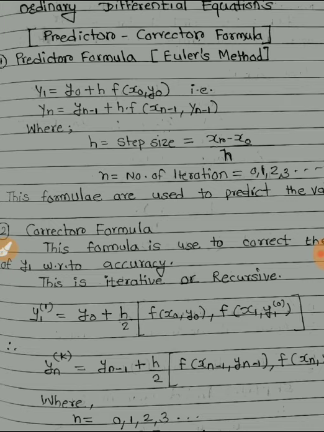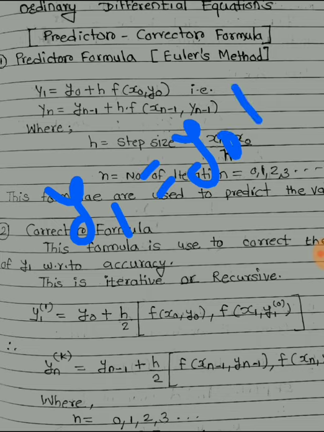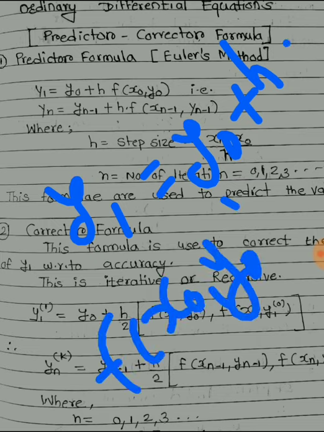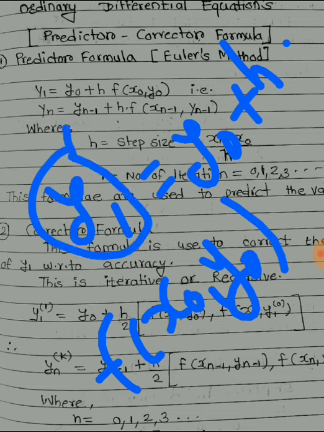So the formula for finding out the new value of y, say y1, is y1 is equal to y0 plus h into f of x0, y0. Now to understand what all these terms are, y1 is the new value of y, y0 is the previous value which must be given to you in the numerical itself.